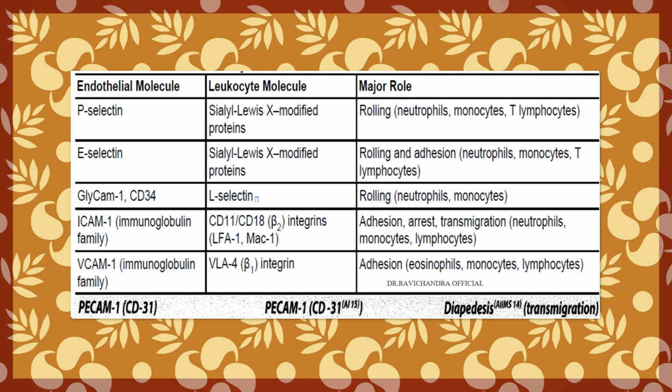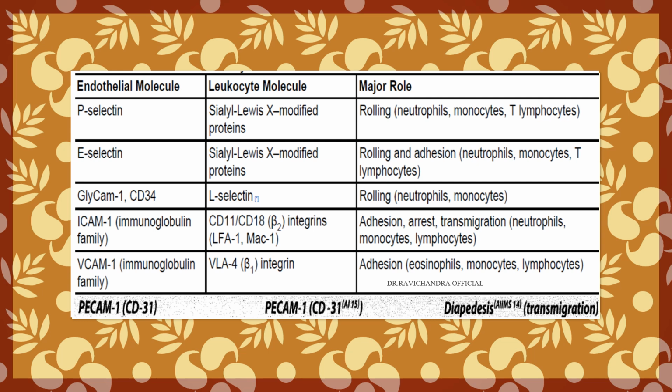Intercellular adhesion molecule 1 also combines with beta 2 integrins, CD11 or CD18, resulting in adhesion, arrest, and transmigration of the neutrophils, monocytes, and lymphocytes. VCAM1, an immunoglobulin family member, will attach with beta 1 integrin of leukocytes and help in adhesion of the eosinophils, monocytes, and lymphocytes.